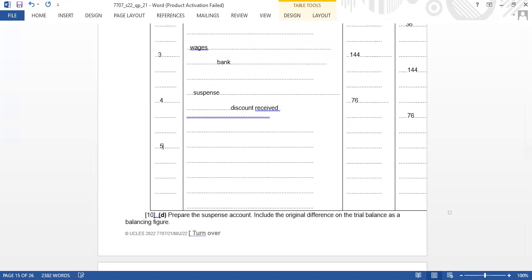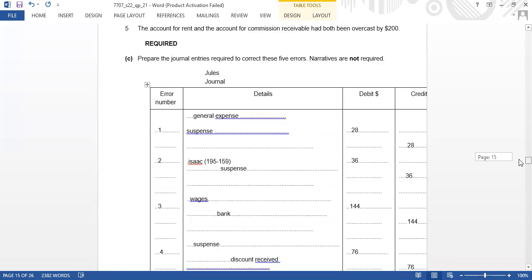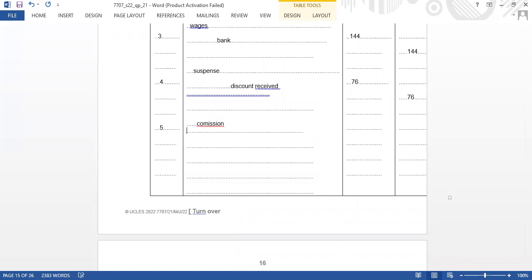So fifth error is the account for rent and account for commission receivable have both been overcast. This is the error of compensation. So we'll write commission receivable. They have written that the accounts are overstated.